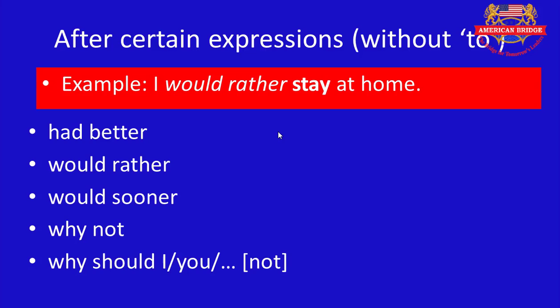Okay, when you get sick, you had better take the medicine. So how do you make the negative one? Would rather stay. This is the positive, what do you change it to for the negative? Would rather not stay at home. Would rather not, not would not rather.